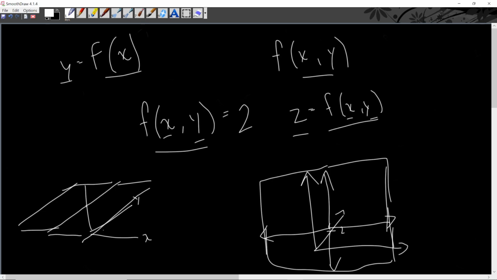And from here, if we were to make our bounds, what was the original problem that I was supposed to do? We are supposed to do the integral from 3 to 6 of the integral from 2 to 4 of f of xy dx dy.